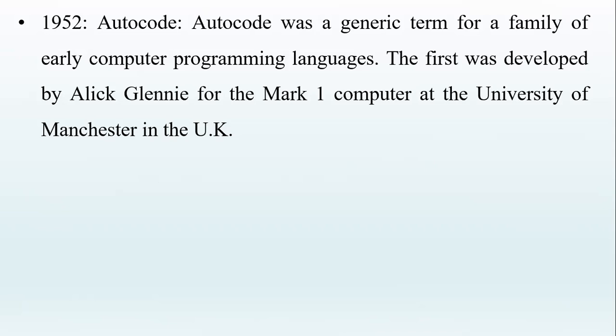Then in 1952, AutoCode was developed. AutoCode was a generic term for a family of early computer programming languages. The first was developed by Alec Glennie for the Mark I computer at the University of Manchester in the United Kingdom.